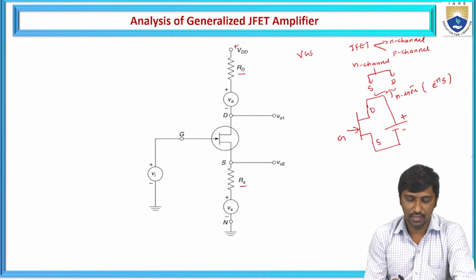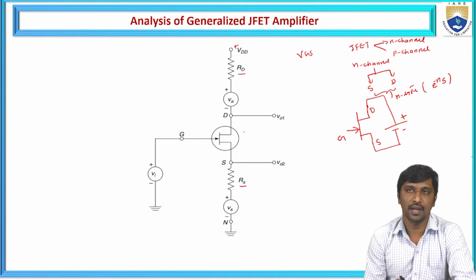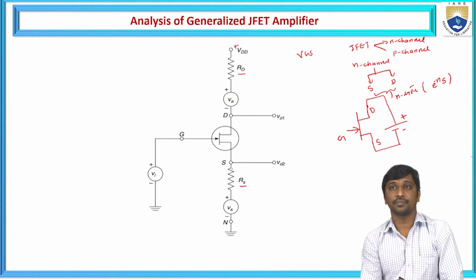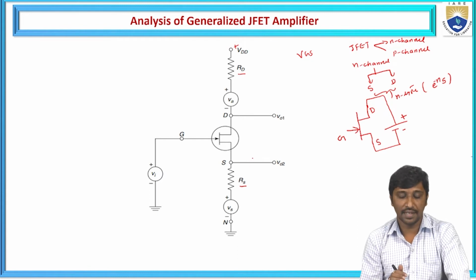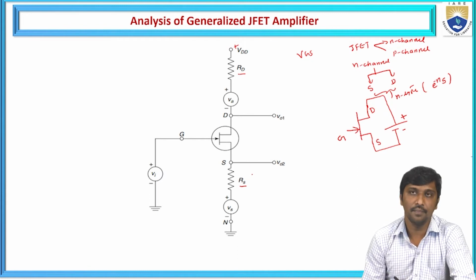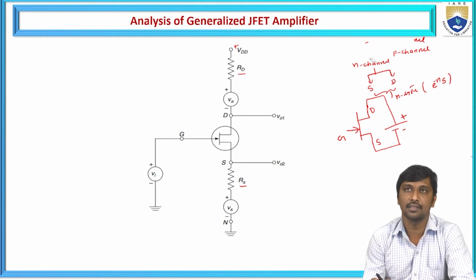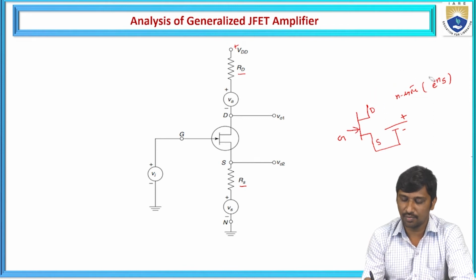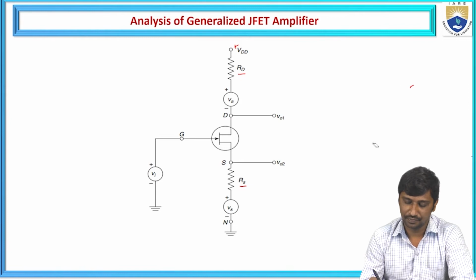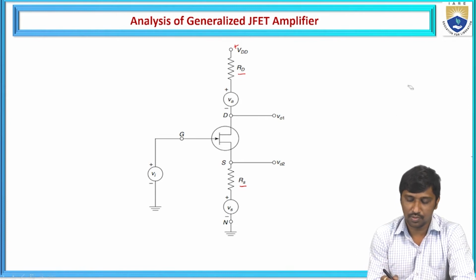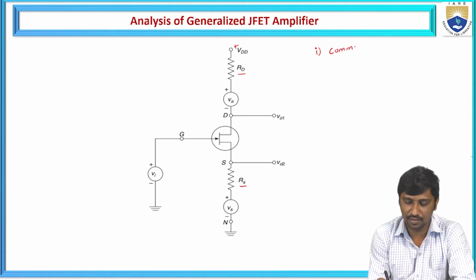Hence, here I represented the output parameters as either the drain or the source. This is the generalized model, and to satisfy the different configurations like common source, common drain, or common gate, let us consider, suppose I am going to choose a common source amplifier.